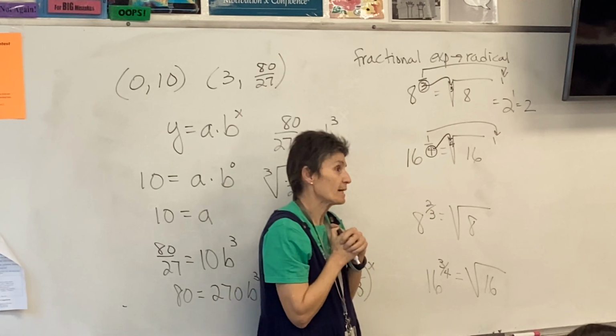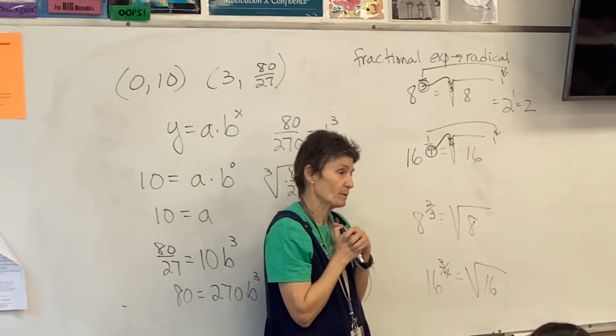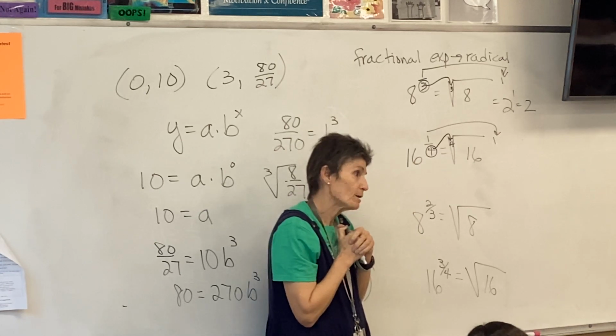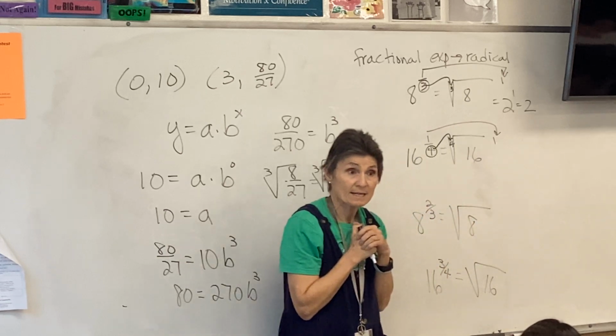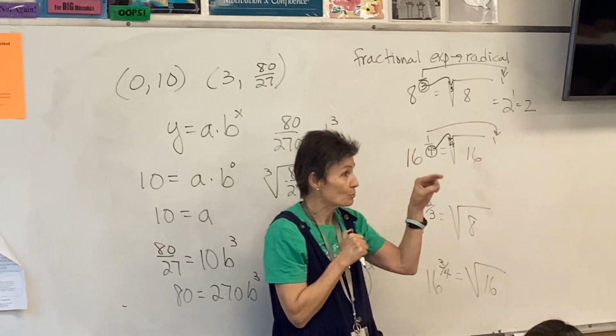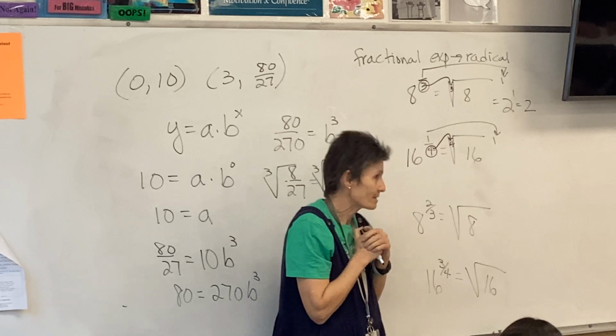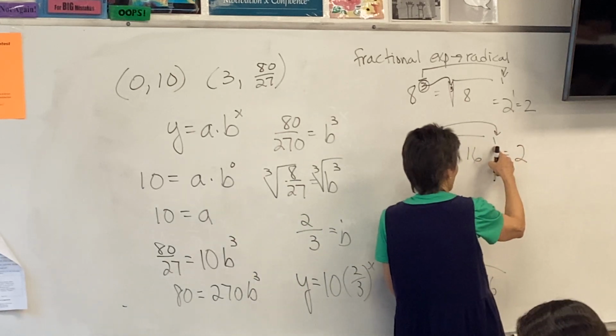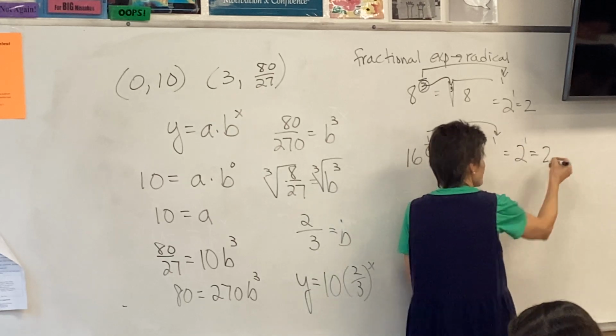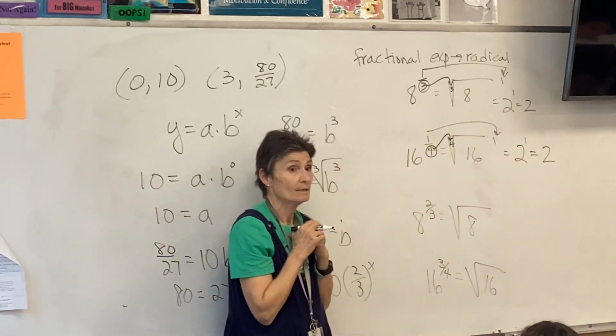Guys, we're doing this without a calculator. So the numbers are going to be nice and small and things you should know. 4th root of 16 is 2, because 2 times 2 times 2 times 2 is 16. Then we're raising it to the first power, so again, the answer is 2.